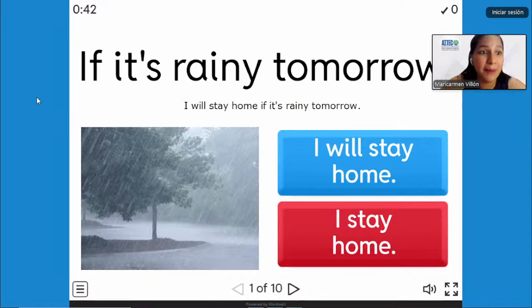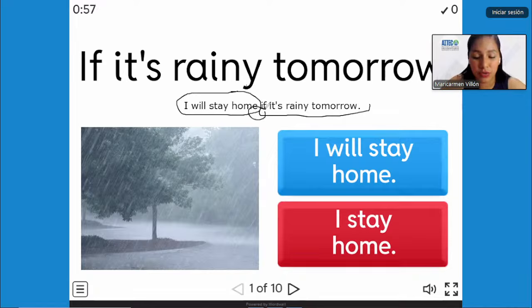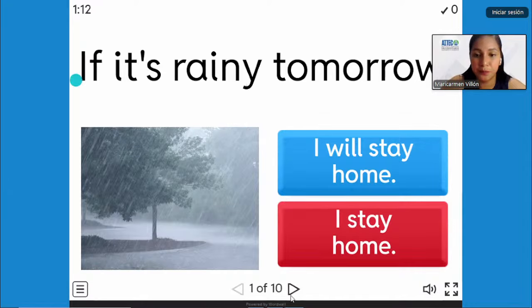Ahí está, súper sencillito. Vuelvo y repito, también puedo yo empezar con el resultado. I will stay at home if it's rainy tomorrow. ¿Ok? Esa es la condición. La única diferencia es que no se separa por la coma. Eso es todo. If it's rainy tomorrow, I will stay at home. Puedo también decir, I will stay at home if it's rainy tomorrow. Okay, that's really easy.